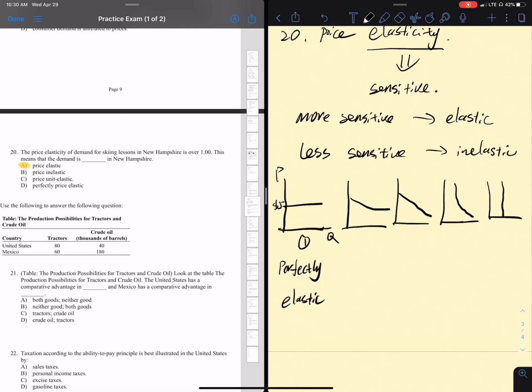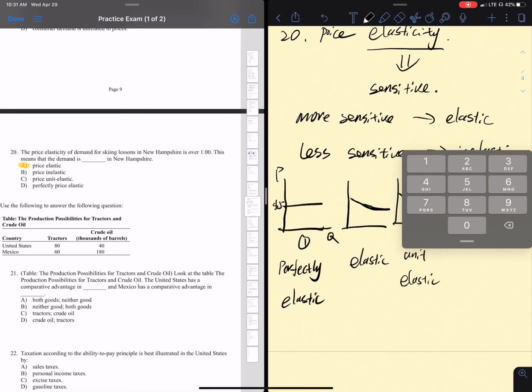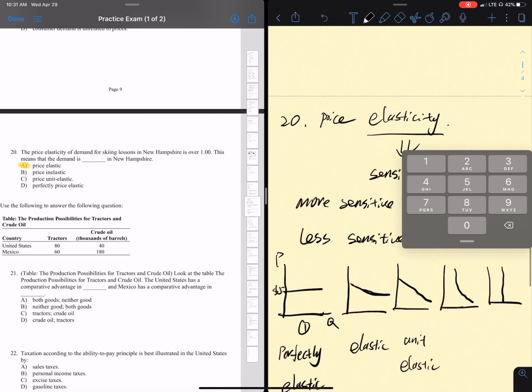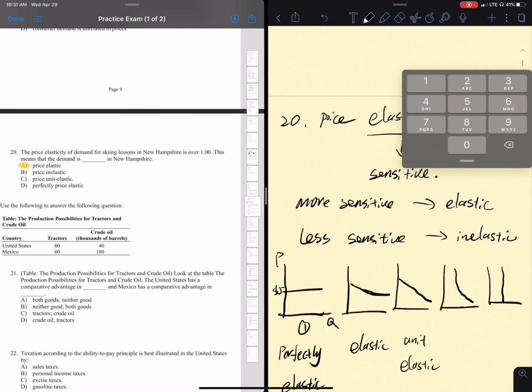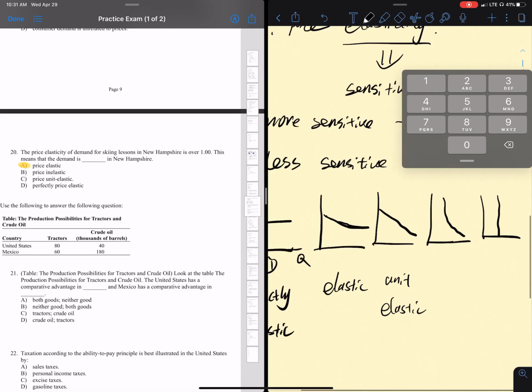Then a curve like this is flatter. We call it elastic. And this one we call unit elastic. So what about the last graph, number 5? This means it doesn't matter how much you charge. You charge $1 or you charge $1 million, I still want a certain amount.